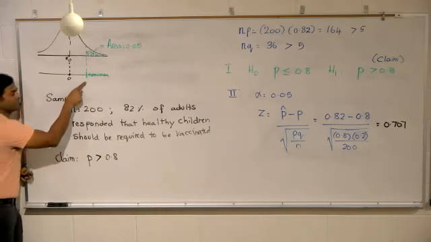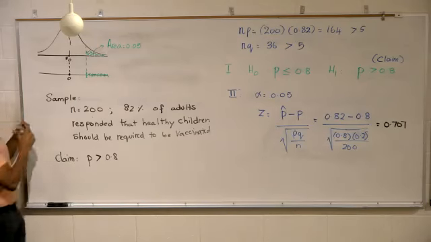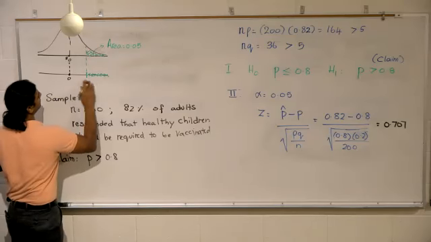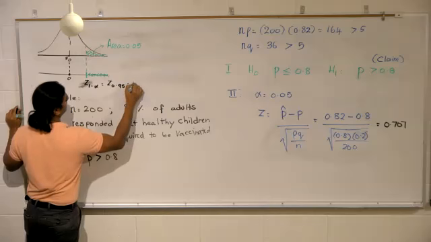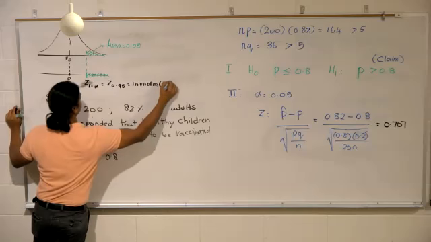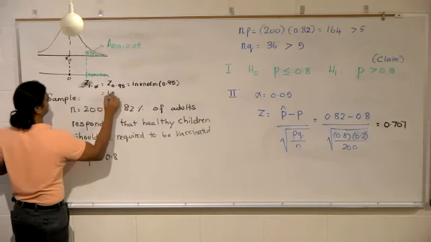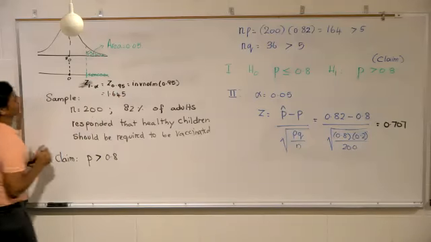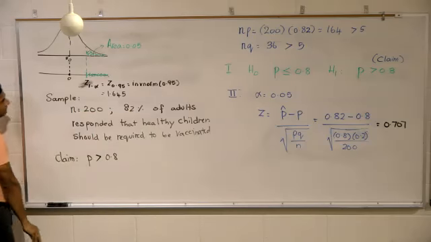And how do we find that number? Inverse norm. Good. So that is our rejection region.